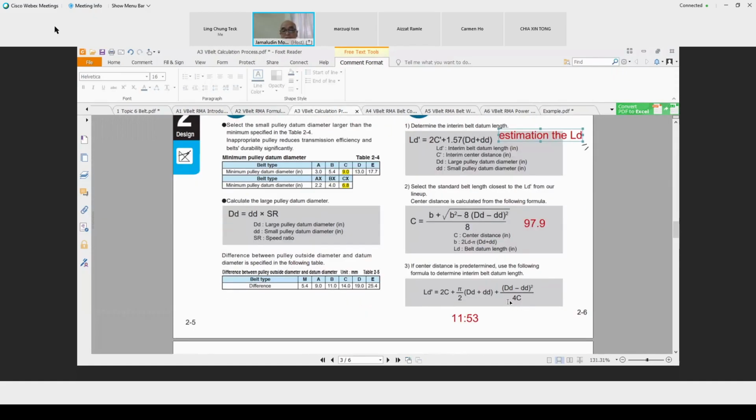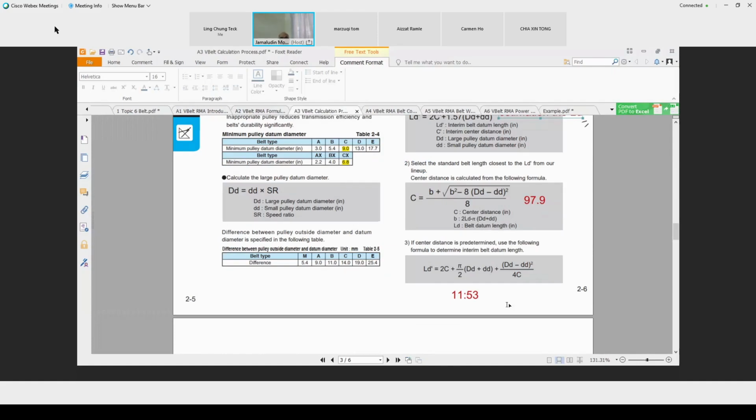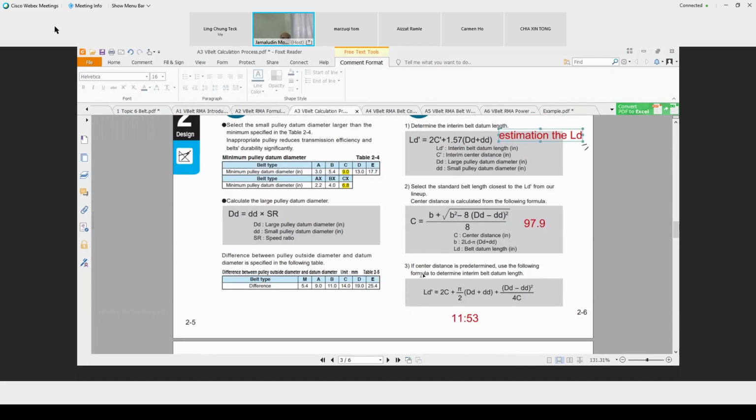Okay. Any question? I stop here. Meaning that step 1 to step number 5 is just to finalize your belt type first. Secondly, it is your final configuration of your pulley: the diameter of the small pulley, your larger pulley, as well as the center to center, based on what I call the selected length of the belt.